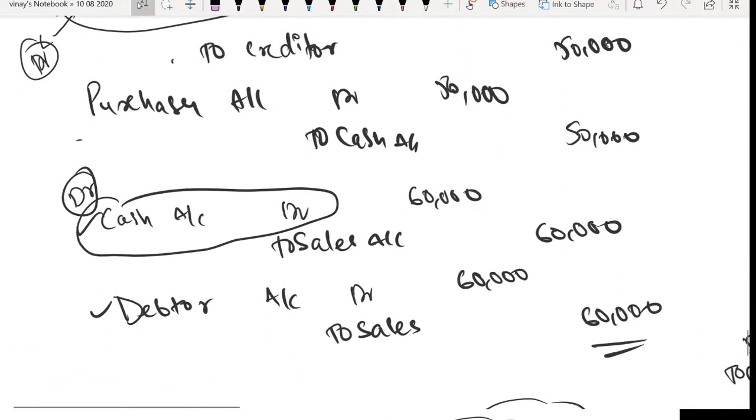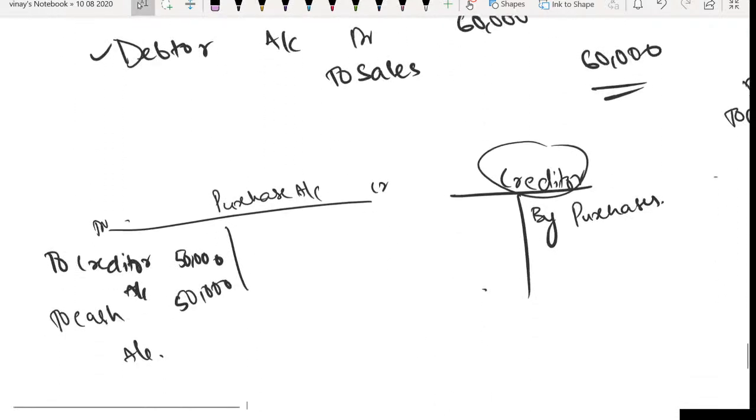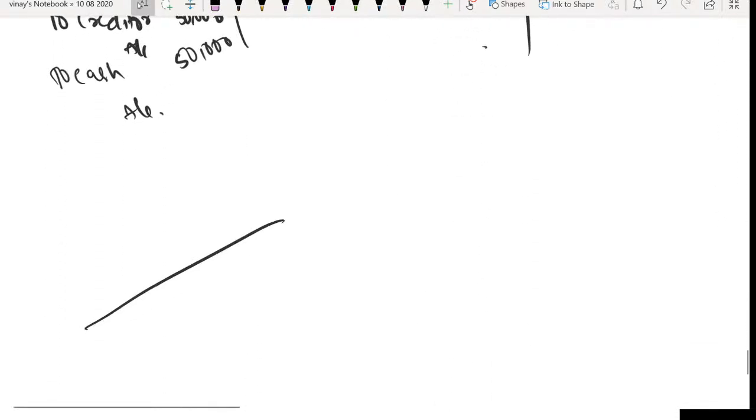Then next, you have sales. Then you will create sales ledger, sales account, credit side and debit side. So sales is there on credit side, if you observe.